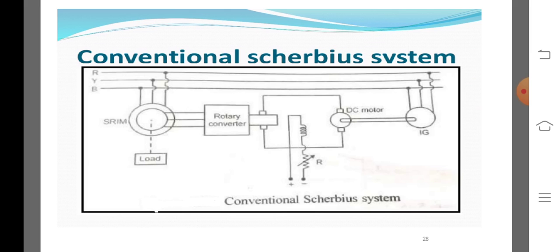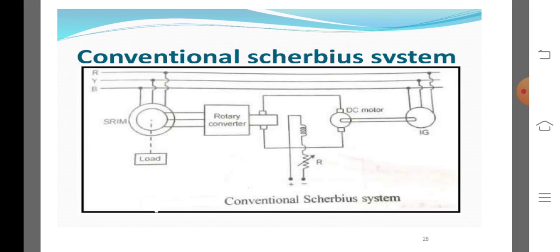Either by varying the tap setting on the regulating transformer, or by changing the position of brushes of the special machine, or by changing both, the voltage developed in the rotor of the Kerbeus machine can be varied. The main difference between the above two systems is that here the slip energy is not converted into DC. The slip energy is directly fed to the Kerbeus machine.